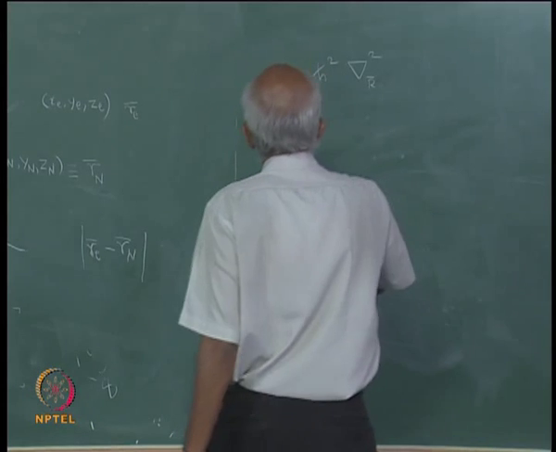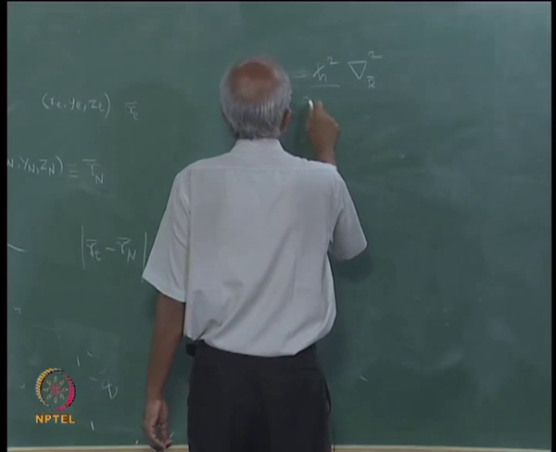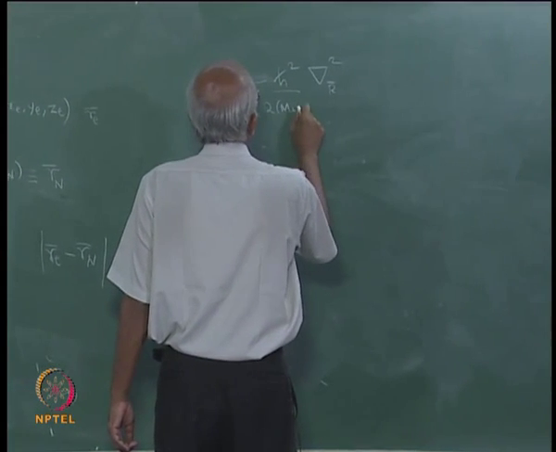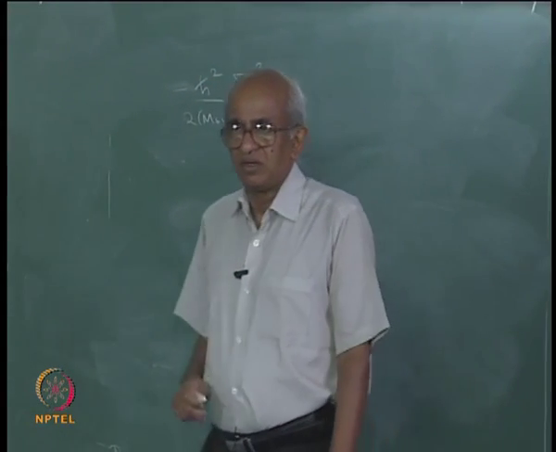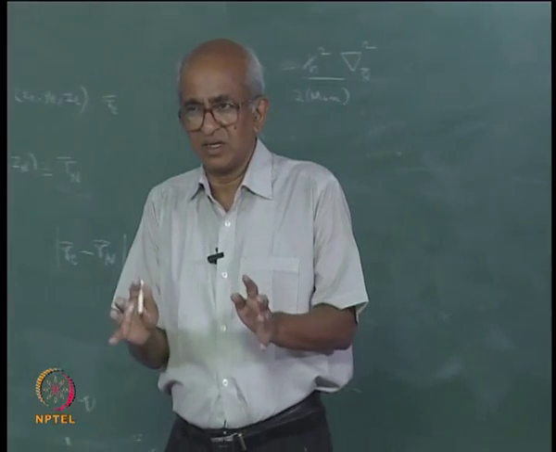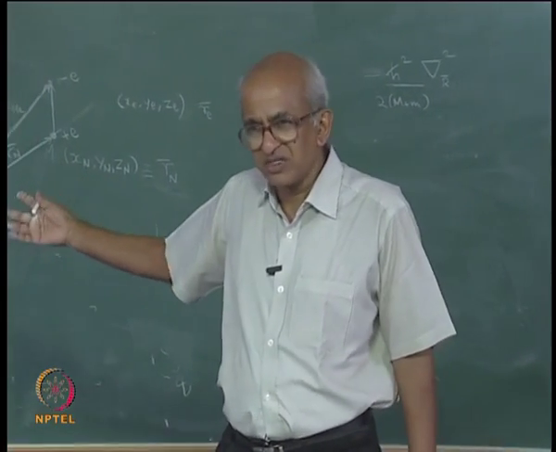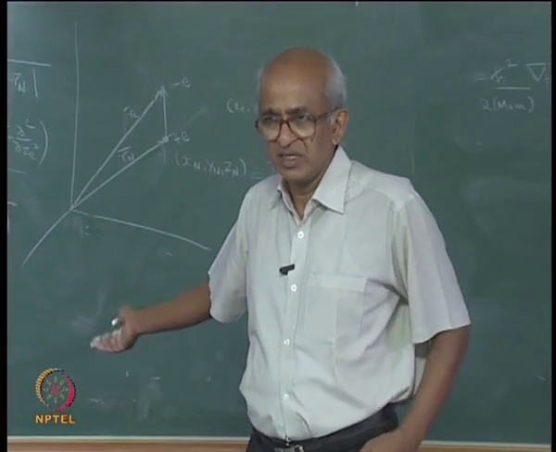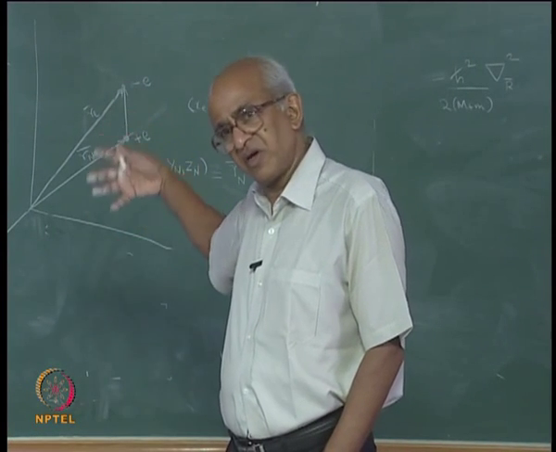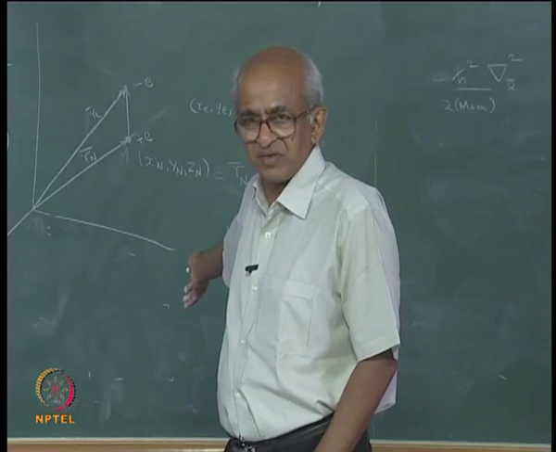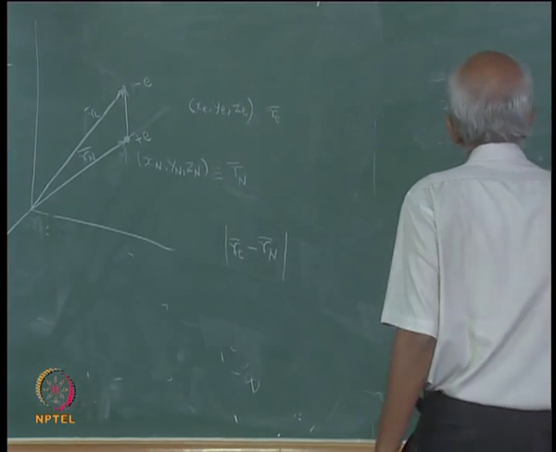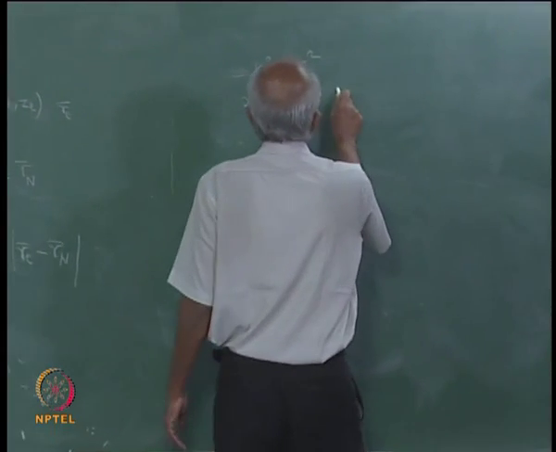So therefore you are going to have minus h cross square by 2 times capital M plus small m, right. Actually this is the answer. I mean one does not have to actually compute, it is possible to compute and I will do it, but even before I do that I tell you that I can guess this has to be the way it comes out. And then you look at the relative motion.